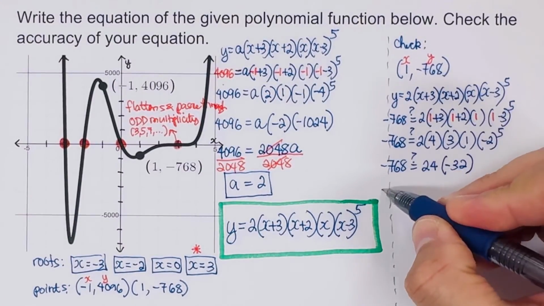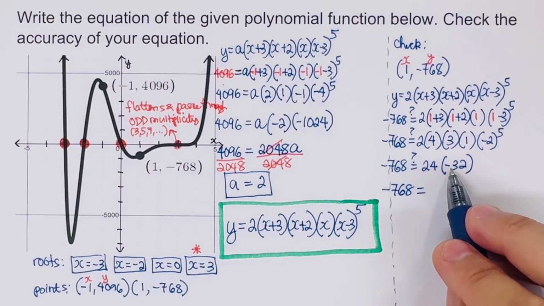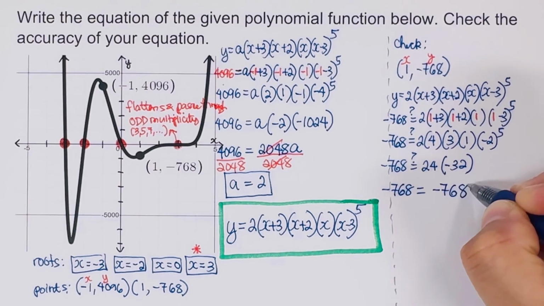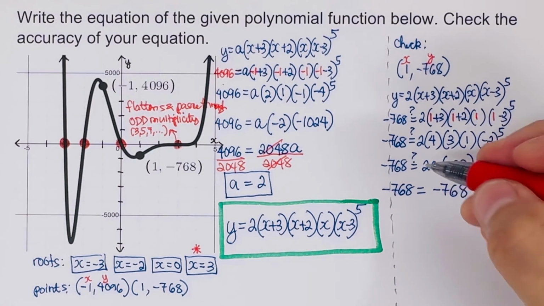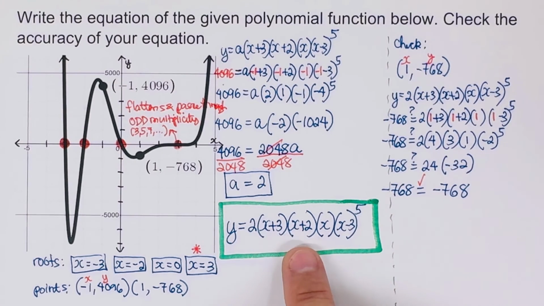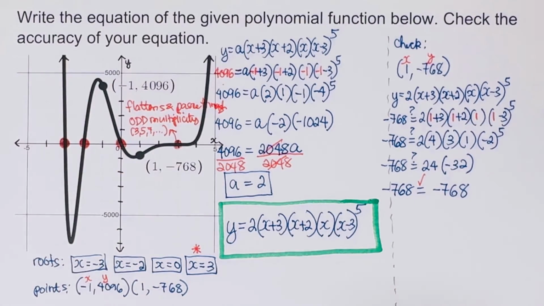Now if you notice, 24 times -32 is -768. Now notice that both sides of the equation are equal. This tells us that this is the actual equation for this graph that we have right here.